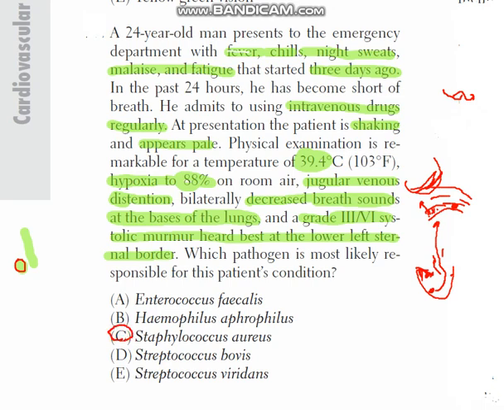And what about Enterococcus faecalis and other bacteria? Enterococcus faecalis, Haemophilus aphrophilus, Streptococcus bovis and Streptococcus viridans are the bacteria which mostly attack the heart when it already has some abnormality, for example a congenital heart defect, or when the patient has already suffered endocarditis.